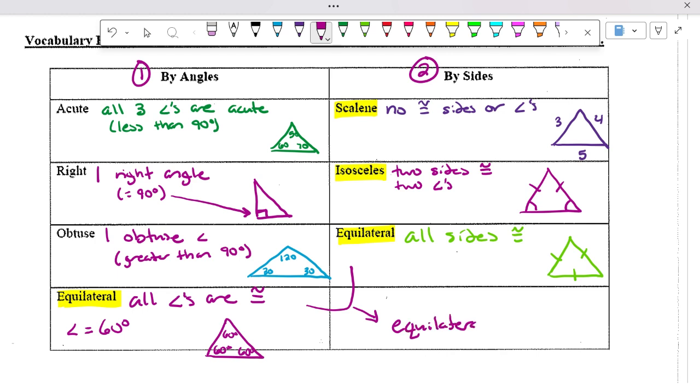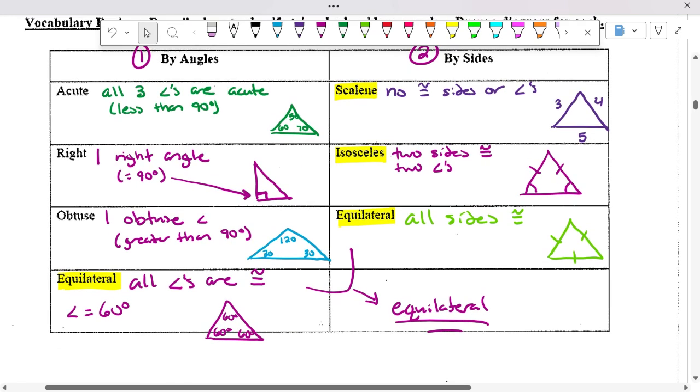You just call it what it is, which is equilateral. It just means everything's equal. So the way you would say it is acute scalene, right scalene, obtuse scalene, acute isosceles, right isosceles, obtuse isosceles. That's how you would name a triangle. Any questions on the naming of triangles?